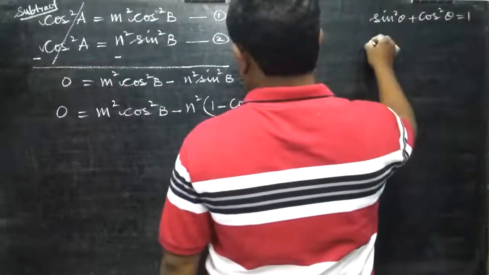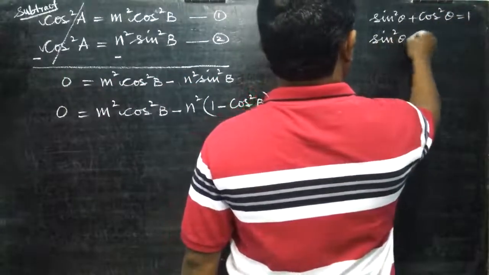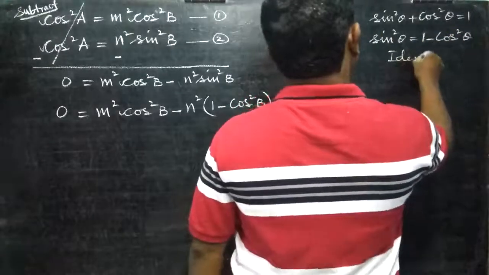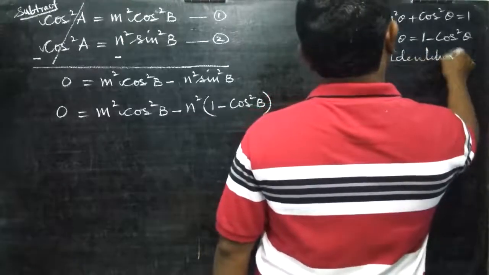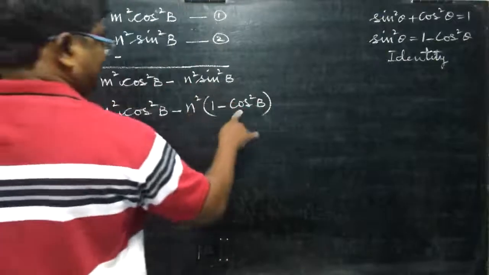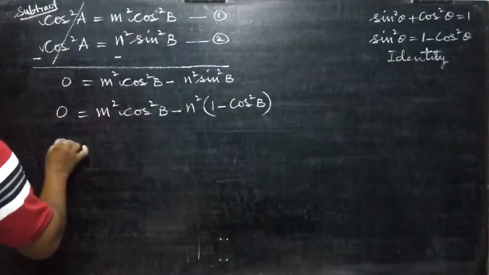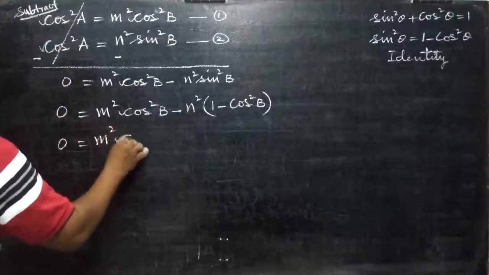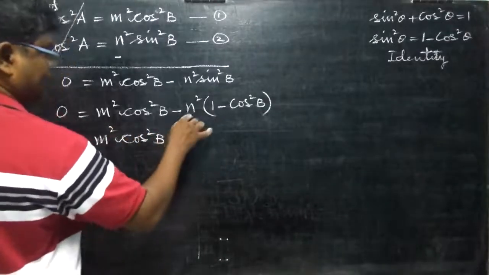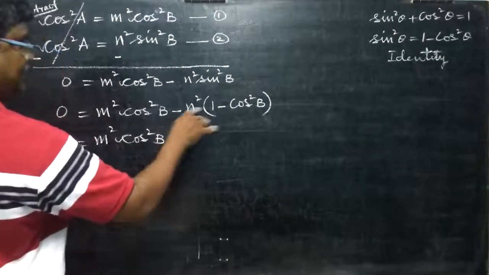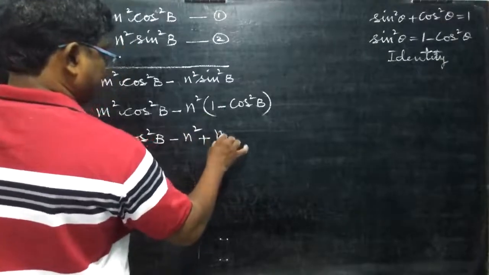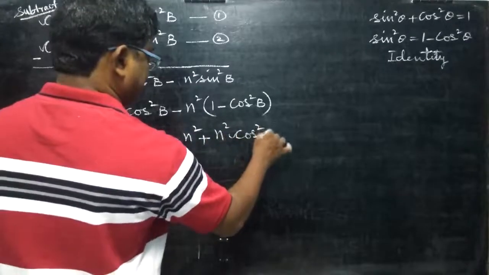In the place of sin square theta, we can write 1 minus cos square theta from this identity. So I have replaced that one. Sin square B means 1 minus cos square B. So 0 is equal to m square cos square B, send minus inside, minus into minus 1 n square is minus n square, minus into minus, plus n square cos square B.